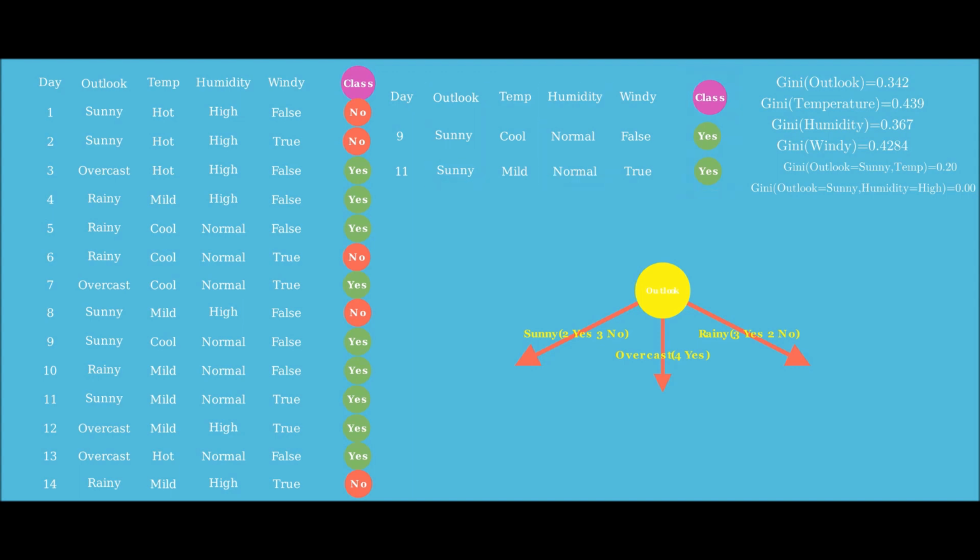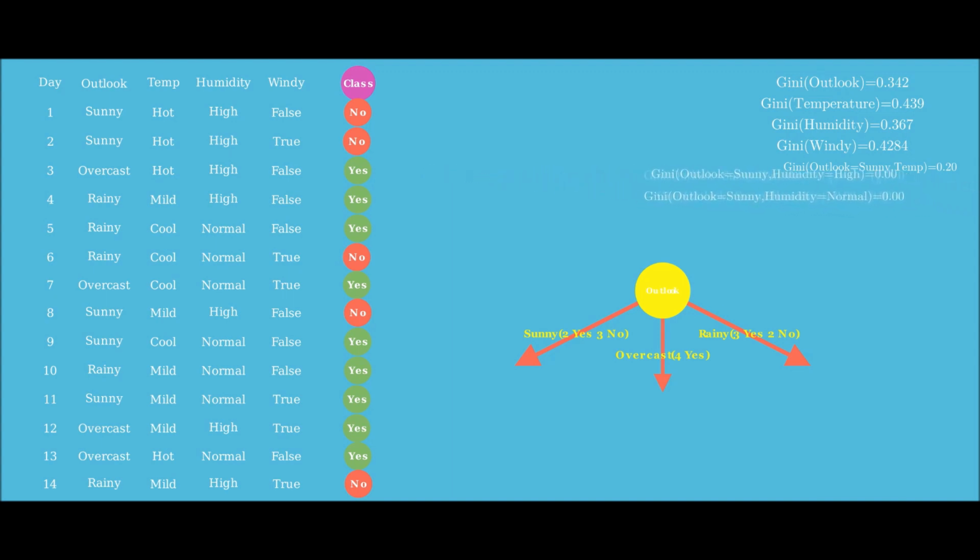So Gini index would be 0. So finally for value sunny, feature outlook, humidity, the Gini index would be 0.